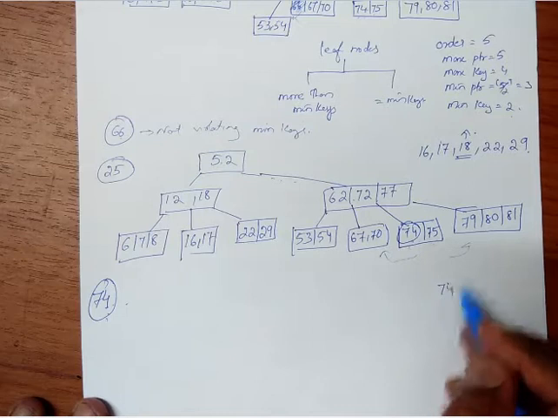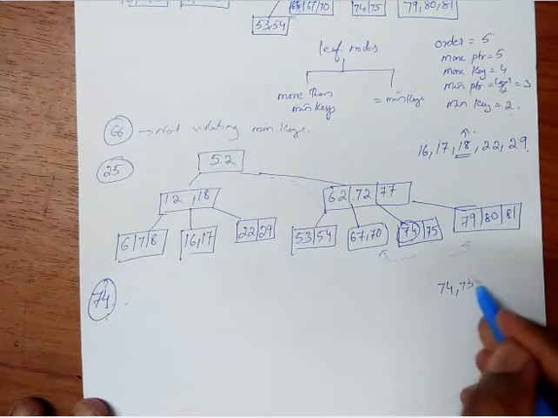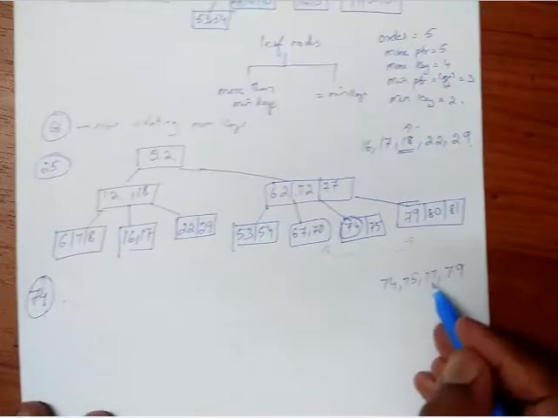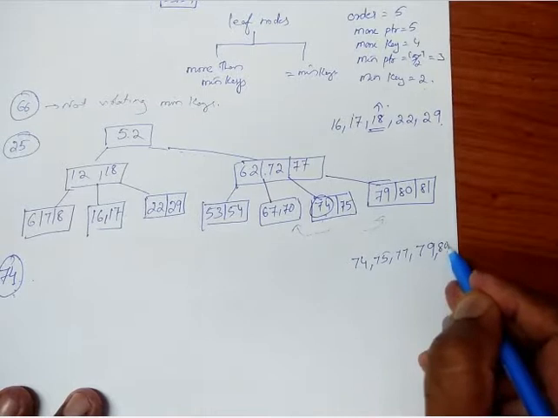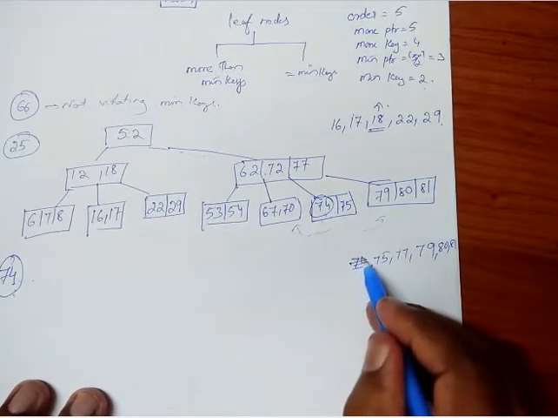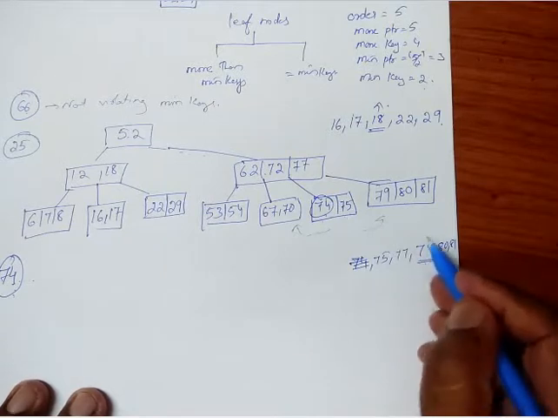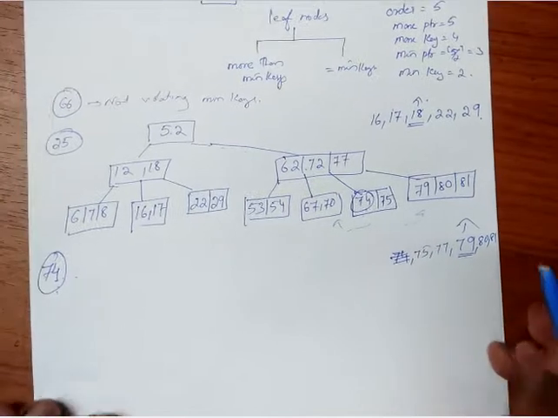So write like this: we have 74, 75. When deleting, we first write the left child, then the parent, and then our right child. So it is 80 and 81, and from this list 74 needs to be deleted, and then the middle element we can find is 79. It has to move to the place of 77, the parent node.